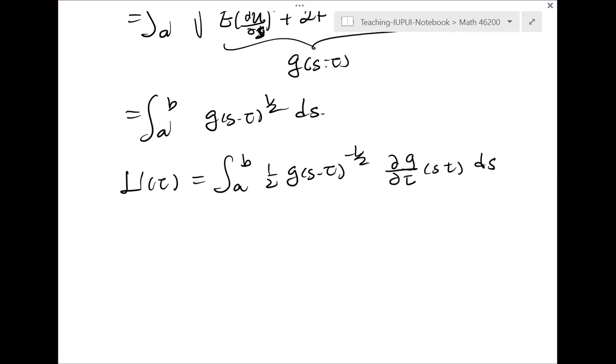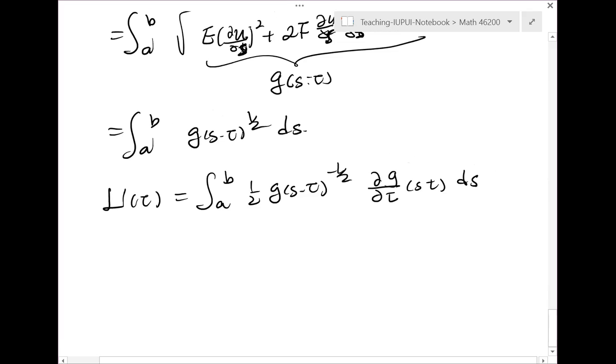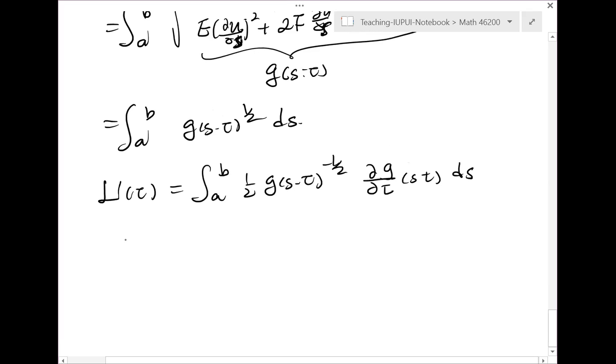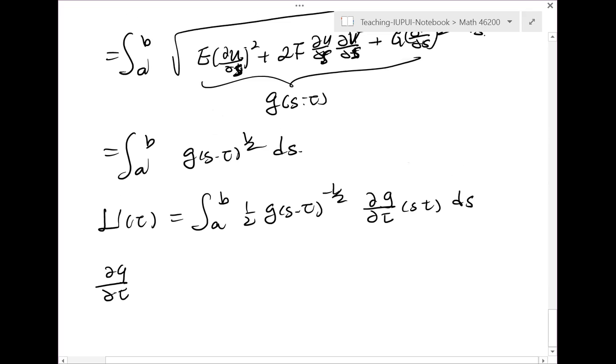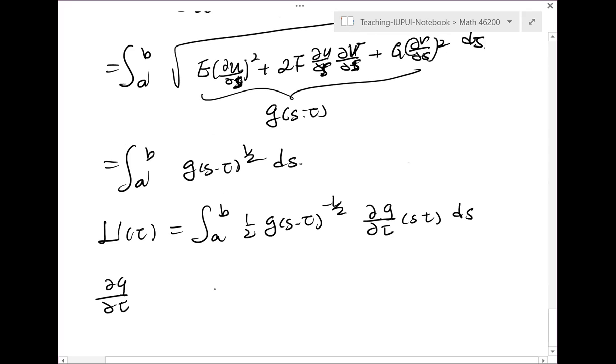So now I'm going to do the calculation. Partial derivative with respect to tau. When you differentiate, you have to differentiate.